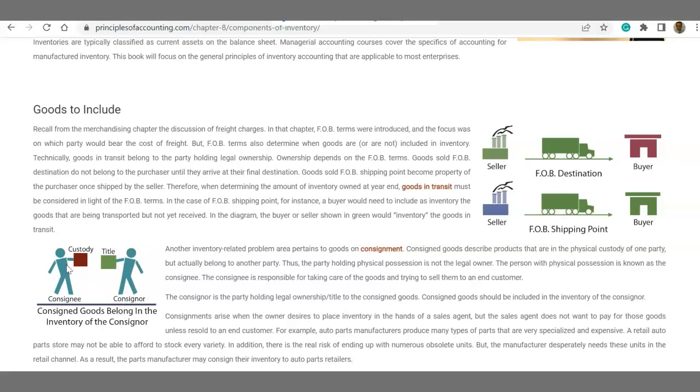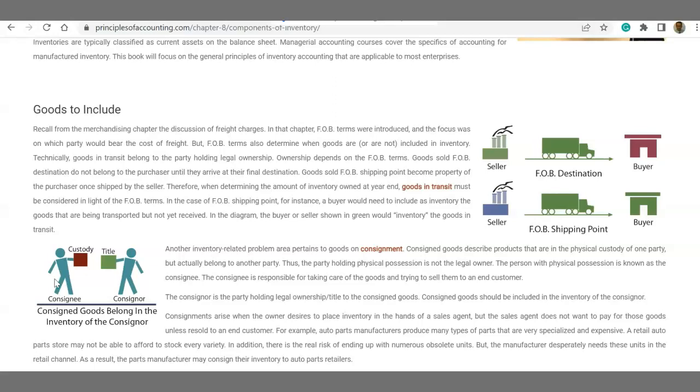The other entity who has custody of the inventory is the consignee, but the inventory still belongs to the consignor, to us. If we have a balance sheet, it will show as inventory in consignment. It's our inventory, it's our asset. The consignee is just having custody of it.